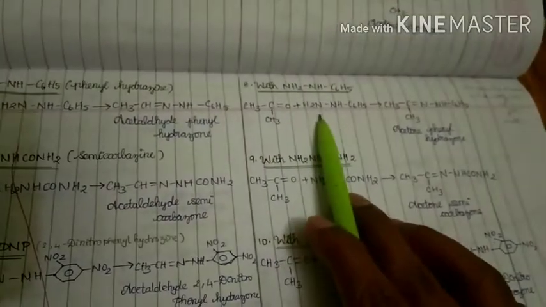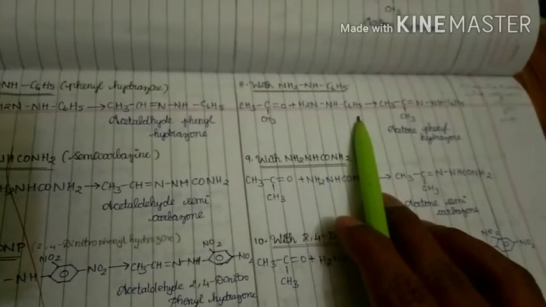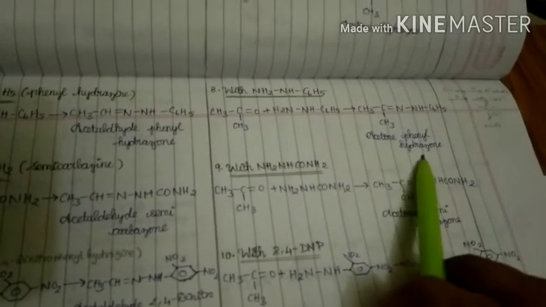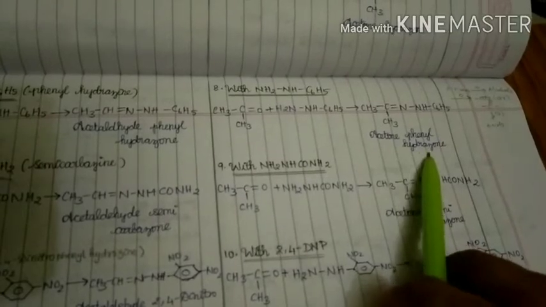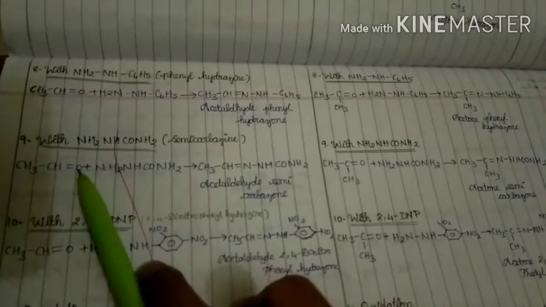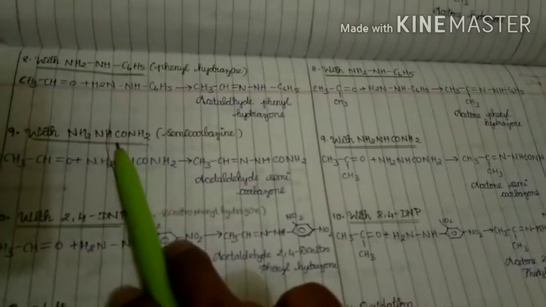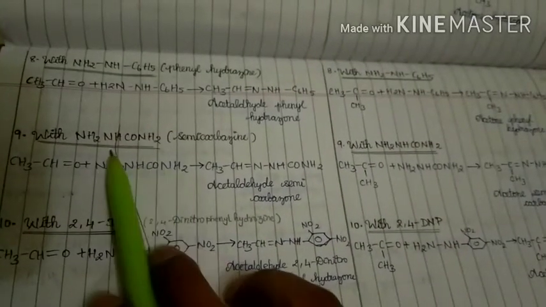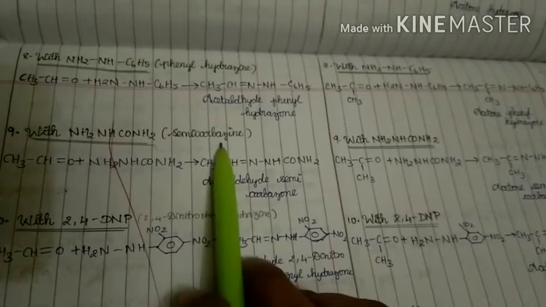Here also same type of reaction takes place. When acetone reacts with NH2, NHC6H5, then we get acetone phenylhydrazone. Same phenomenon takes place. Next, semicarbazide. Semicarbazide means NH2, NHCONH2.